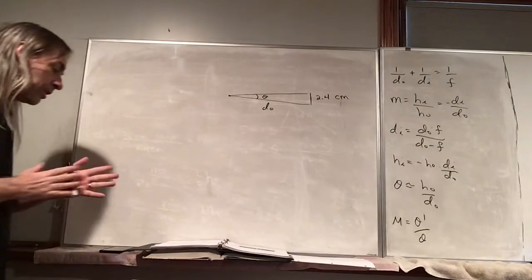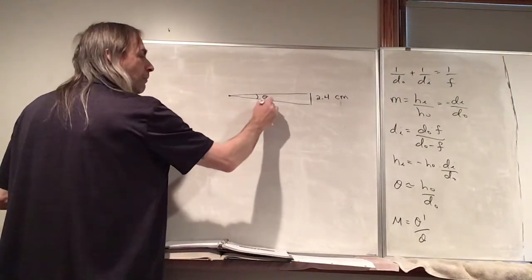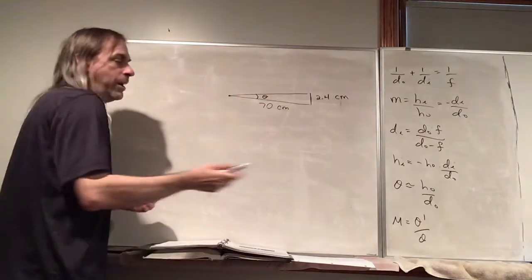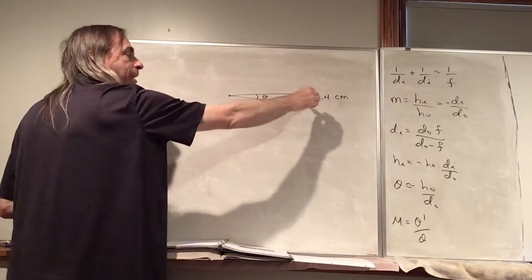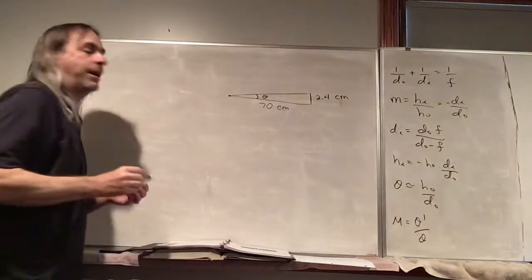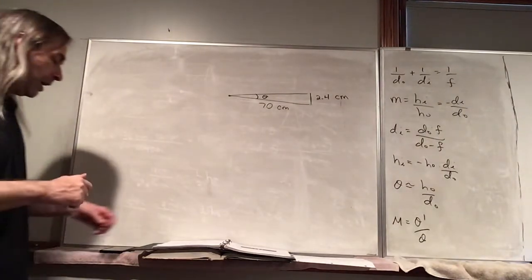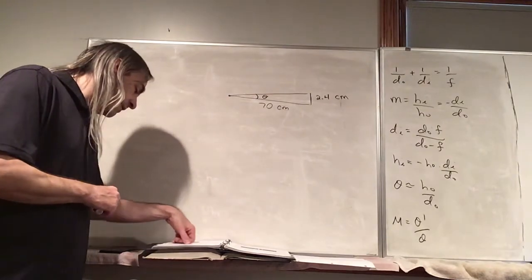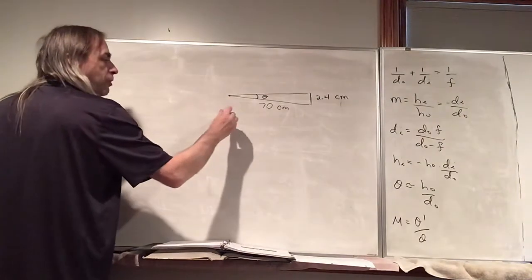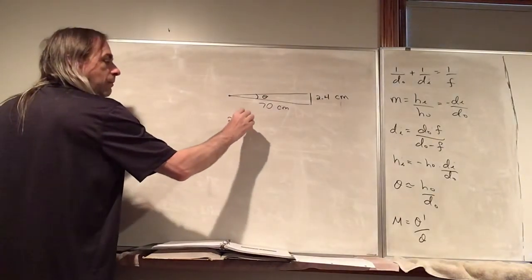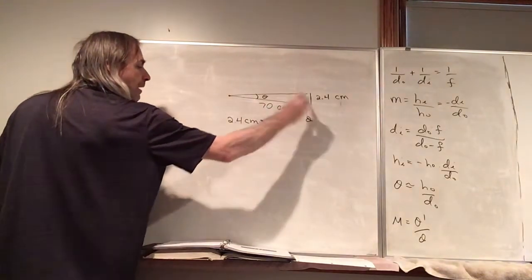Here we have a quarter held at arm's length. The reason there's an approximately equal to is that the arc length would be curved a little bit, where we just have a straight line here. Pretty insignificant though. So we want to find the angular size of the quarter. We have 2.4 centimeters, that'd be 70 centimeters times theta.